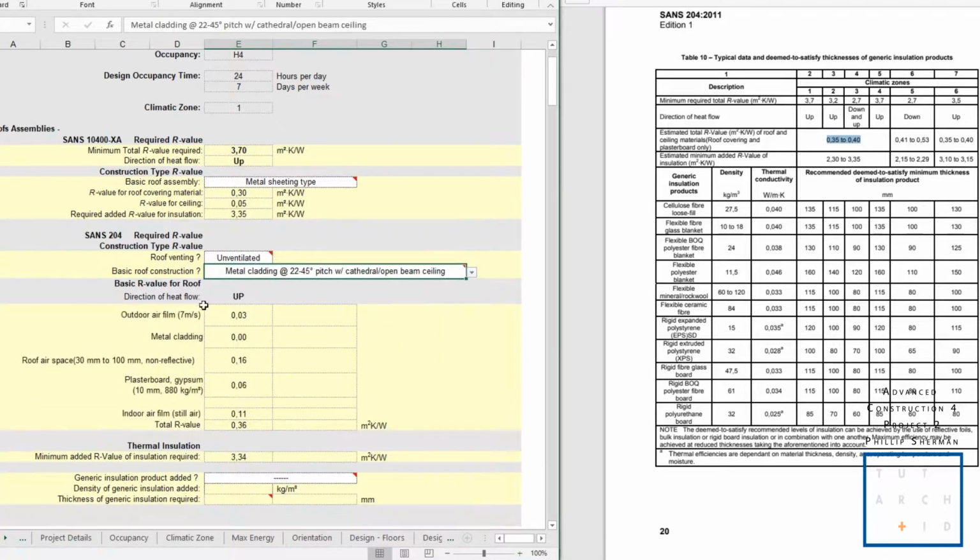Okay, here's a basic breakdown of the resistance of materials. We all have an outdoor air film that sits on top of our roof sheeting or tiles or whatever. It's the same principle of when you drive a car on the highway. Everything, including your car, has a very thin air layer that sits over an object.